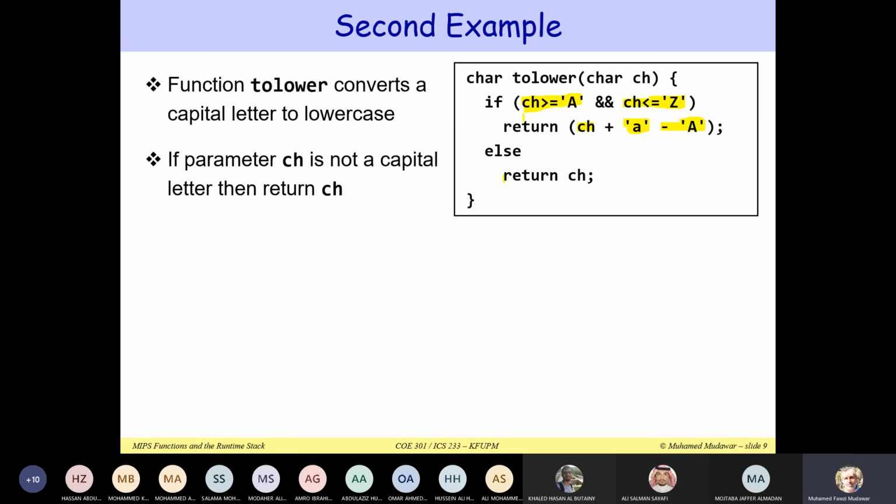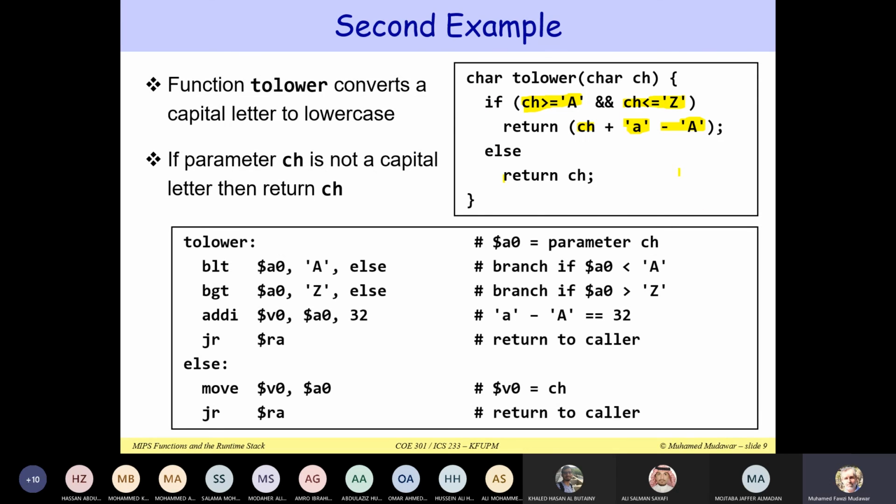Now notice that this is an if-else statement written inside the function toLower. This is a translation of the function toLower. I have to check if ch is greater than or equal to capital A. In other words, if it is less than, I use a branch less than. Notice that I only have one parameter here, so this parameter ch must be passed in A0.